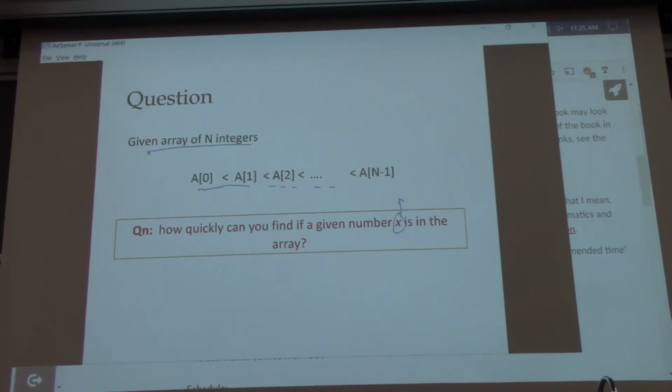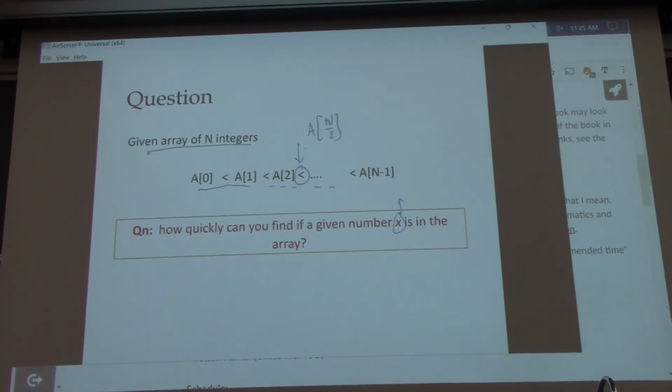Everybody has actually seen this. Anyone who hasn't seen binary search, this is something you can anyway easily come up with. So how does binary search work? You divide it in the middle. You look at the middle element and ask, is this bigger than x or smaller than x? Let's look at a(n/2).